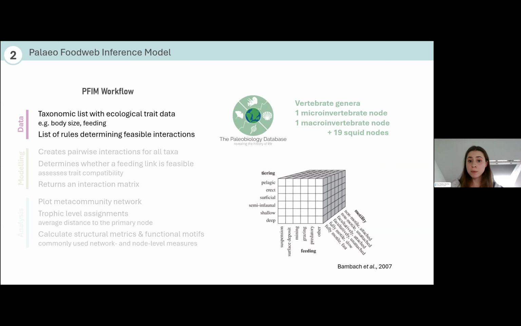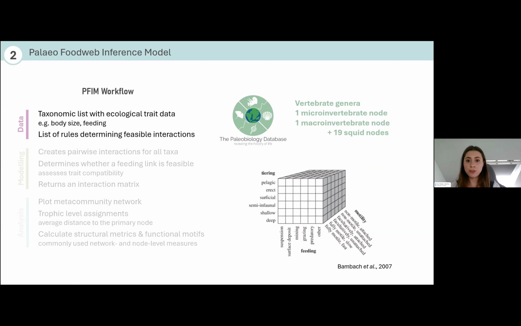I did have some invertebrates, but I represented these as singular nodes. I had one node to represent all microinvertebrates and one node to represent macroinvertebrates. I did also have 19 squid nodes because they play really important pelagic roles. But aside from this, these were the sole representation of invertebrates in my dataset.